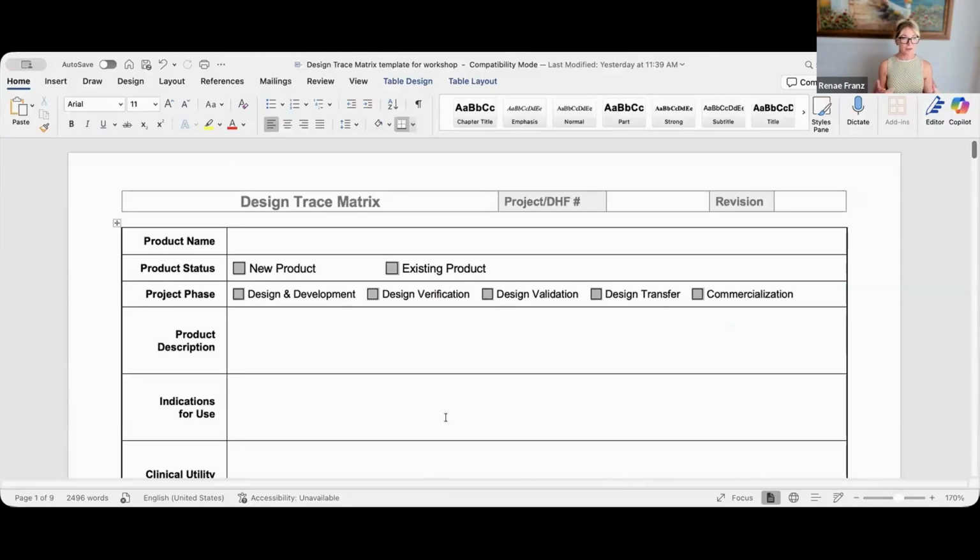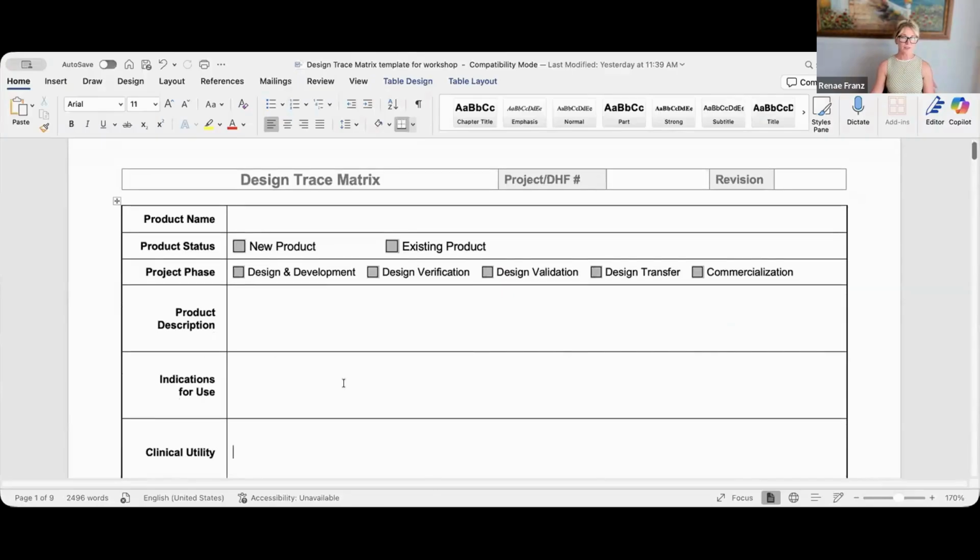I'm just going to make this up. Maybe it's a new syringe. It is still worth your time to go through this exercise because it's so important for you to understand all of the different user inputs that may impact your final design.